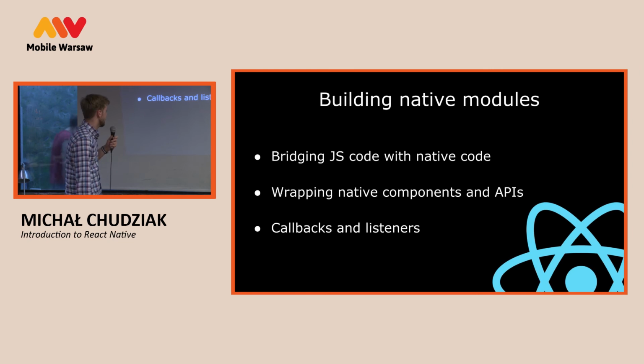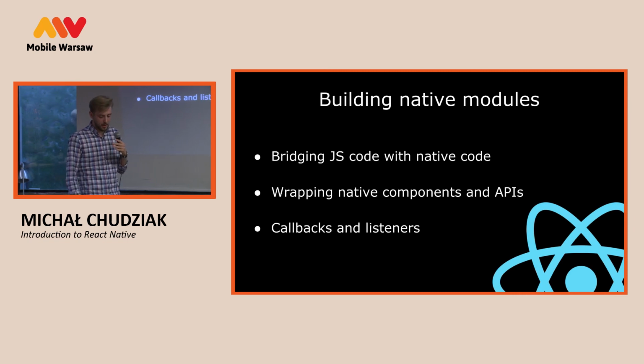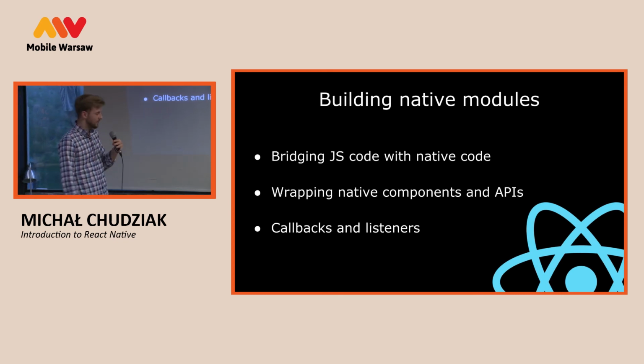Yeah, building native modules. When you make a native module, you need to bridge your JS code. In order to do it, you have to mark your native methods and export them. For Objective-C, there is an RCT export method or RCT export view, if I remember correctly, while in Android there is a React method annotation, and you can communicate between JS and your native code asynchronously.